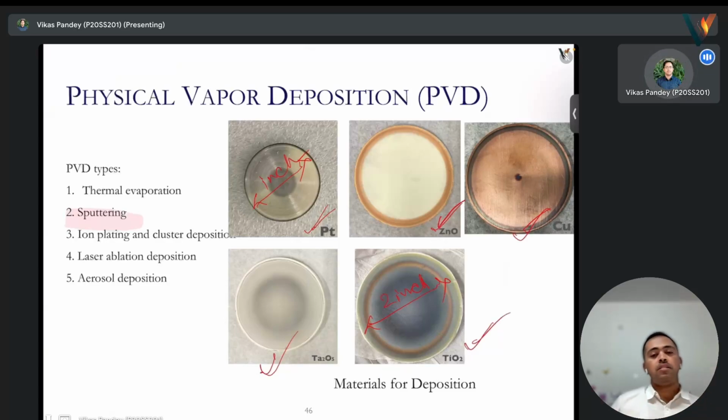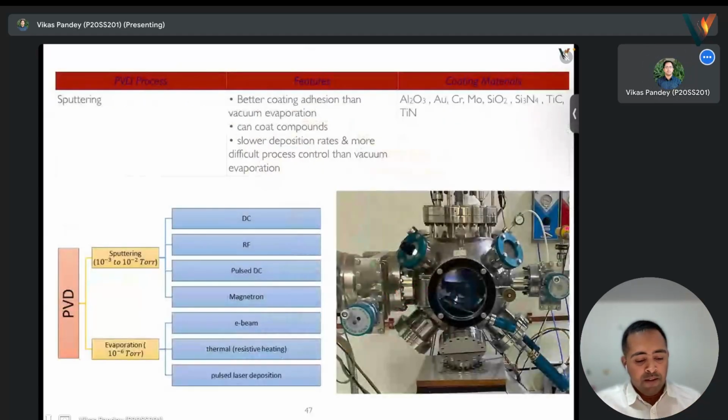Such materials can be deposited using sputtering. So it has better coating adhesion than vacuum evaporation, and can even coat compounds like Al2O3, Au, copper, chromium, and these things.